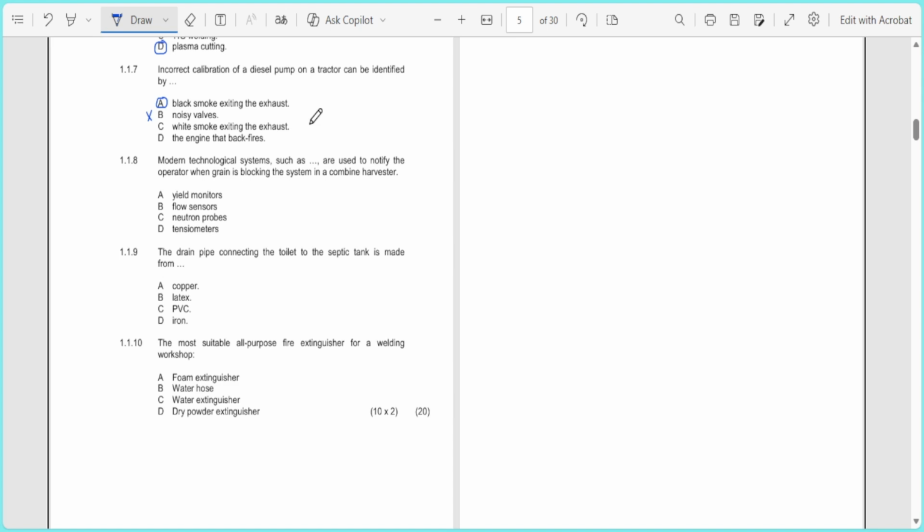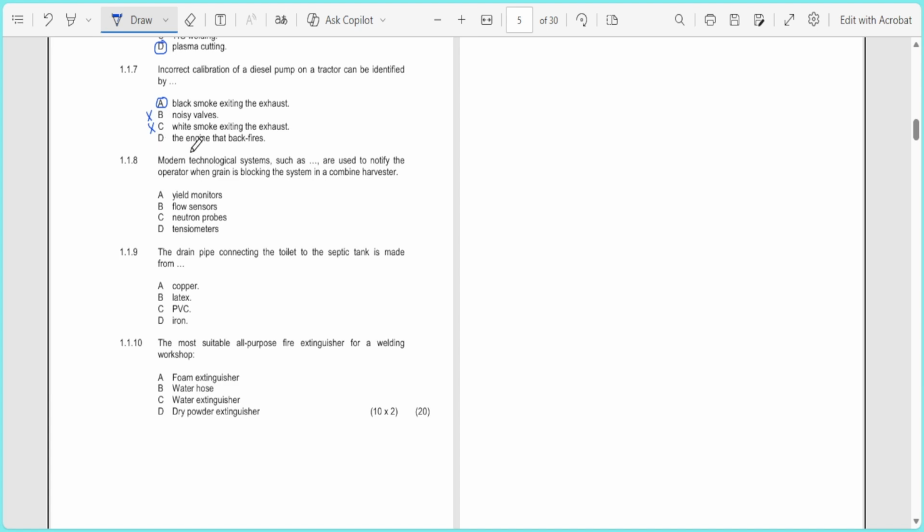Okay, black smoke, white smoke. You know what? The white smoke actually indicates something else, not incorrect calibration of a diesel pump. In many cases, it indicates a coolant leak or cold start issues, but definitely not a calibration issue. So we are taking this one out as well.